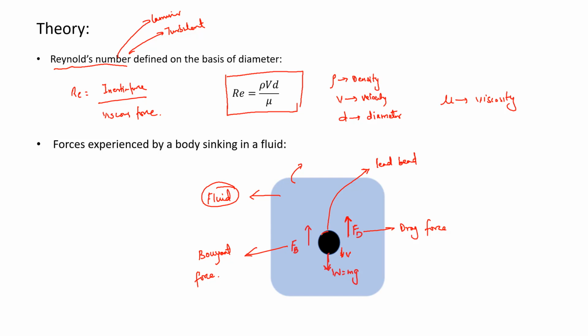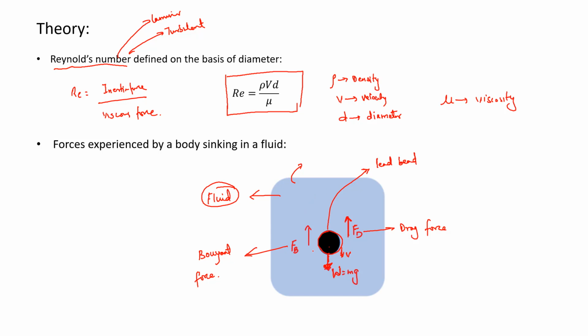First, since this spherical ball has some weight, it will experience a force due to its weight, which is simply given by the mass of the ball times gravity. This is your conventional notion of force because of the weight or the gravity of the body.